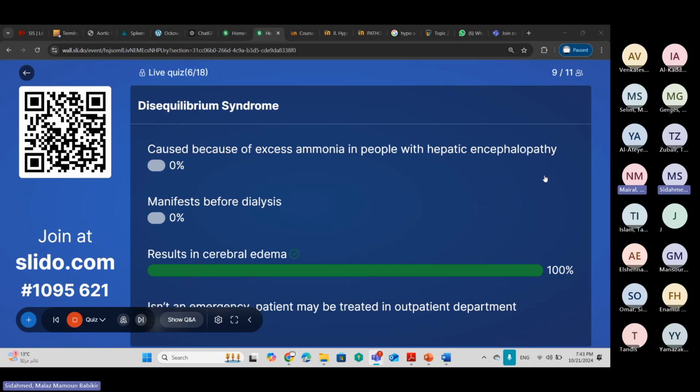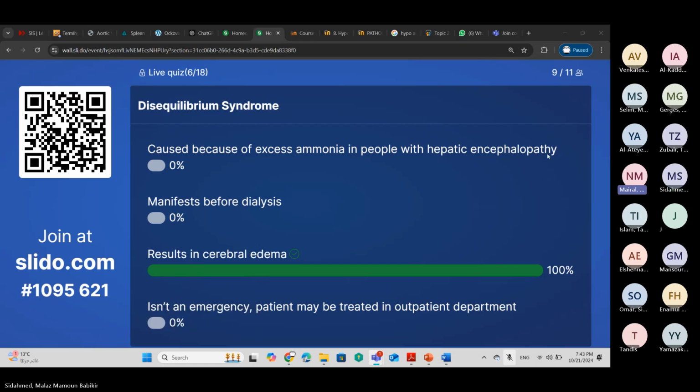Okay, so the answer. I see that all of you got it right, so that's great. Obviously the first one's wrong because this happens because of retention of urea and it doesn't have much to do with ammonia. The second one's also wrong because it manifests either during or after dialysis, not before.